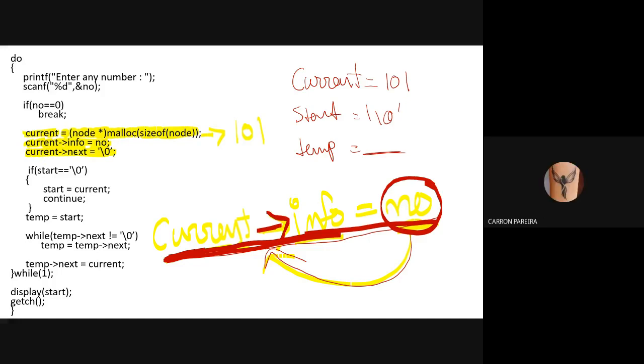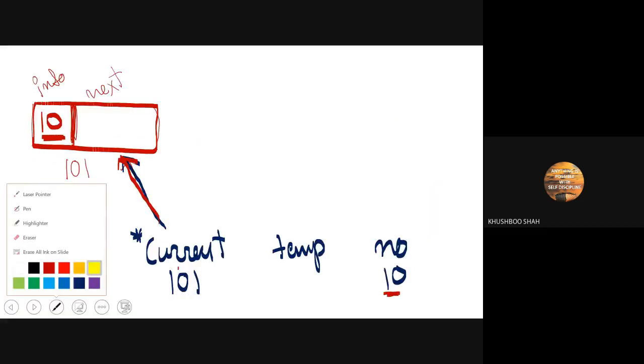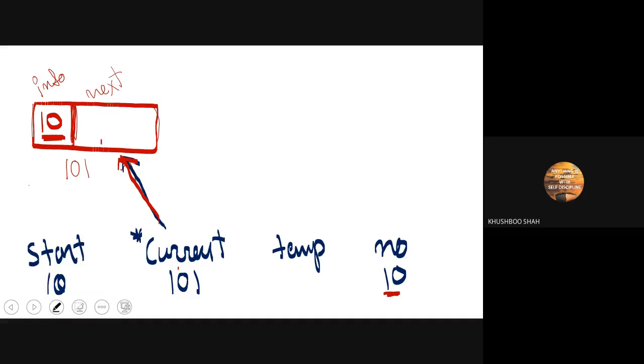Current's next means this is my current and this is next, so I'm talking about this location where I'm going to assign the null. Right?